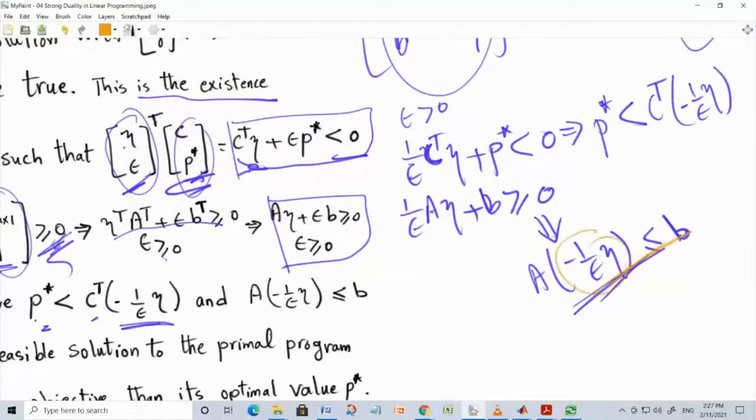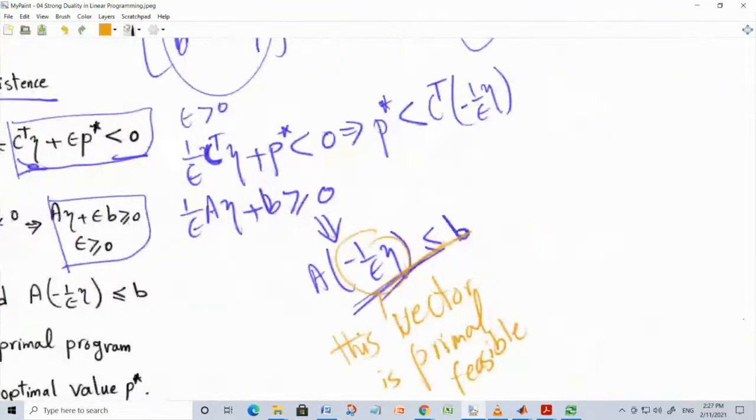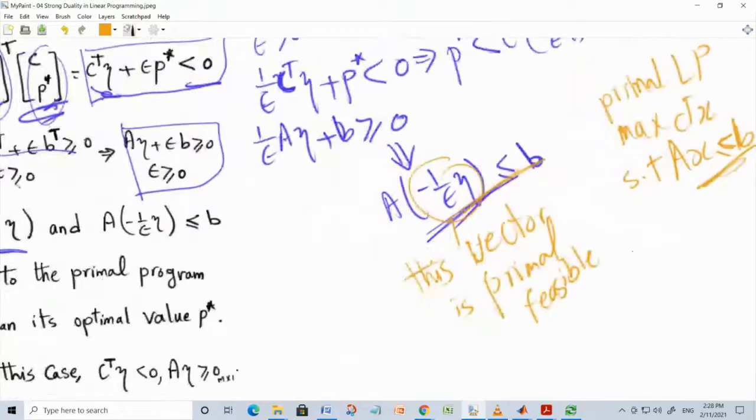This vector is primal feasible. Why? Because what was the primal problem? The primal linear program was to maximize C transpose X subject to AX less than or equal to B. So anything that is feasible should satisfy this inequality, and this satisfies it. So this is a feasible vector from the point of view of the primal linear program.